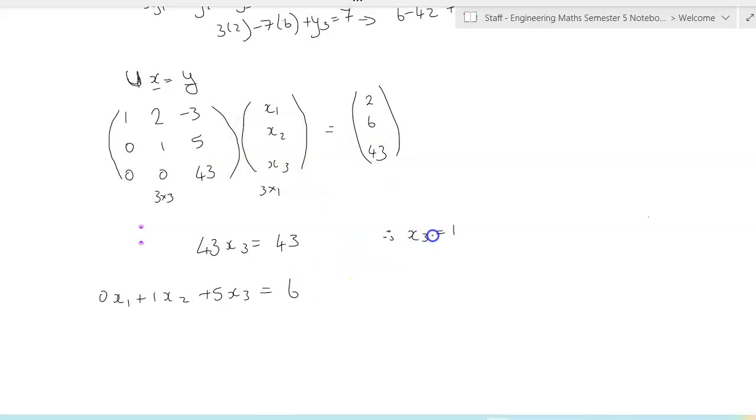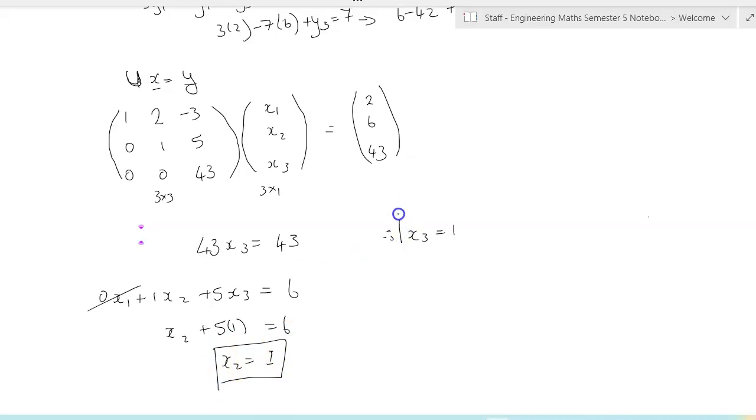We already have a value for x3 of 1, so we can put that in. We're not going to find x1 at 0, so we have x2 plus 5 ones, x3 is 1, equals 6. So x2 equals 6 minus 5, which is 1. Okay, so x2 is 1, x3 is 1.